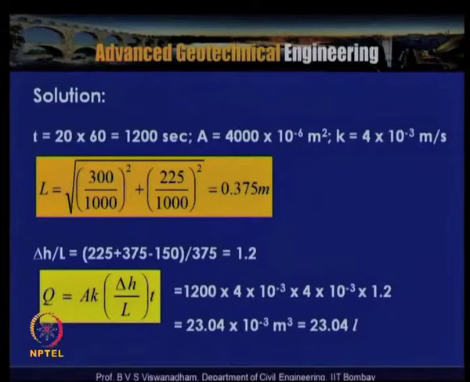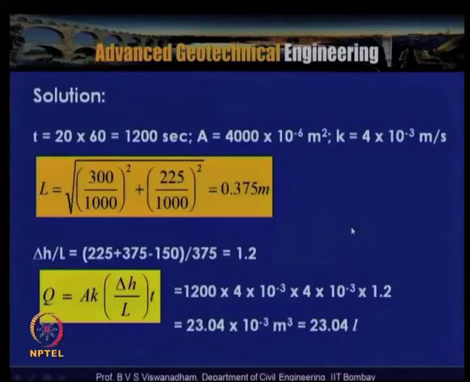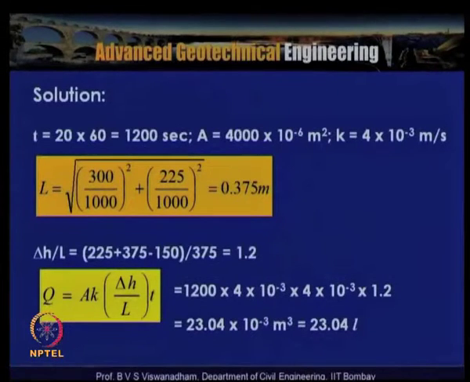So delta H by L, the hydraulic gradient, is nothing but, by considering 225 plus 375 minus 150, we get delta H divided by 375, that is the length of the soil sample. So delta H by L is equal to 1.2. By using Q is equal to K into delta H by L into A into T, we need to estimate the amount of water which flows over the 20 minute duration.